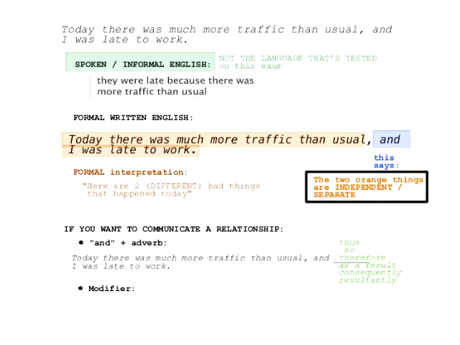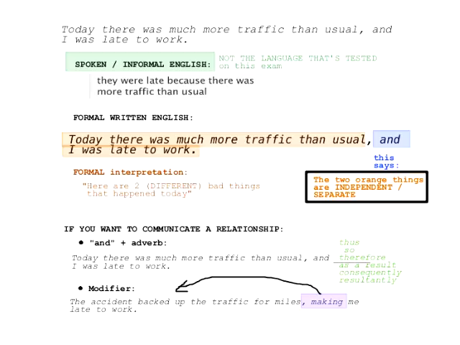Okay. You could have something like the accident backed up the traffic for miles, comma, making me late to work. So you know how comma INGs work, at least if you don't, then you should be basically familiar with it. When you have comma ING, what we're doing is giving some sort of description of the whole main action that came before.